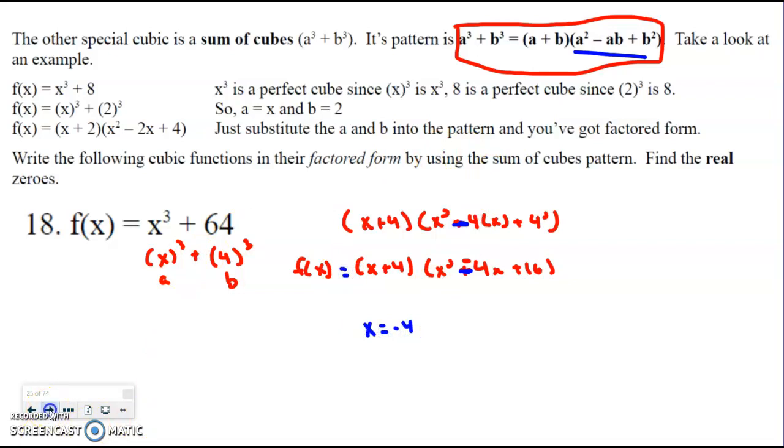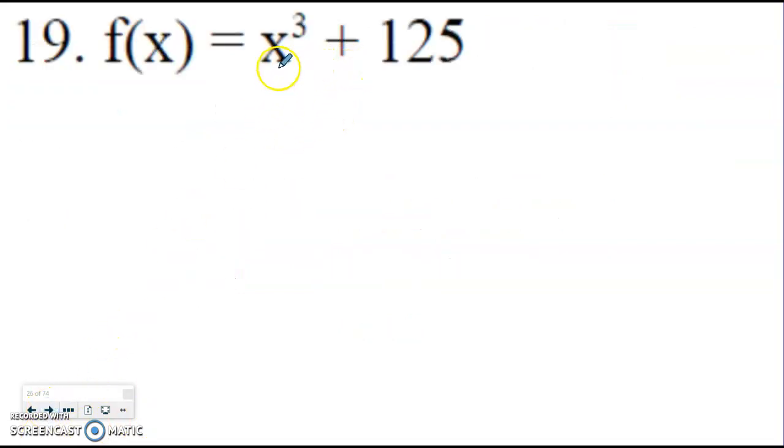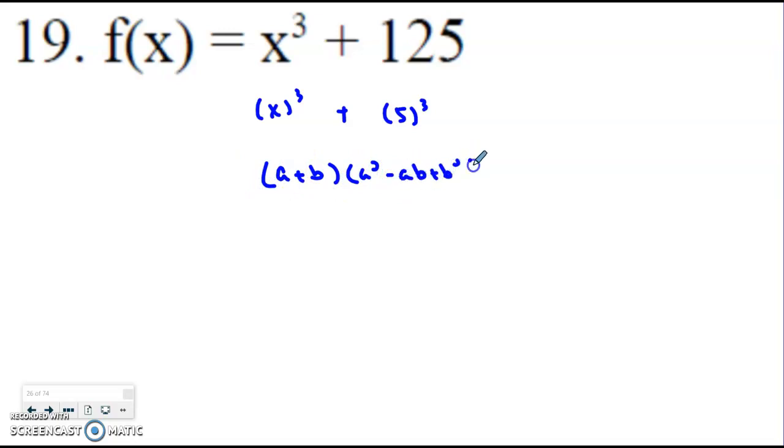So let's look at one example. Hopefully I don't make that same mistake. What cube gets me x cubed? So it's x to the 3rd. What cube gets me 125? That's 5 to the 3rd. So it's a plus b, and then it's a squared minus ab plus b squared. This is the factored form, so it's going to be x plus 5, and then x squared minus 5 times x plus 5 squared.